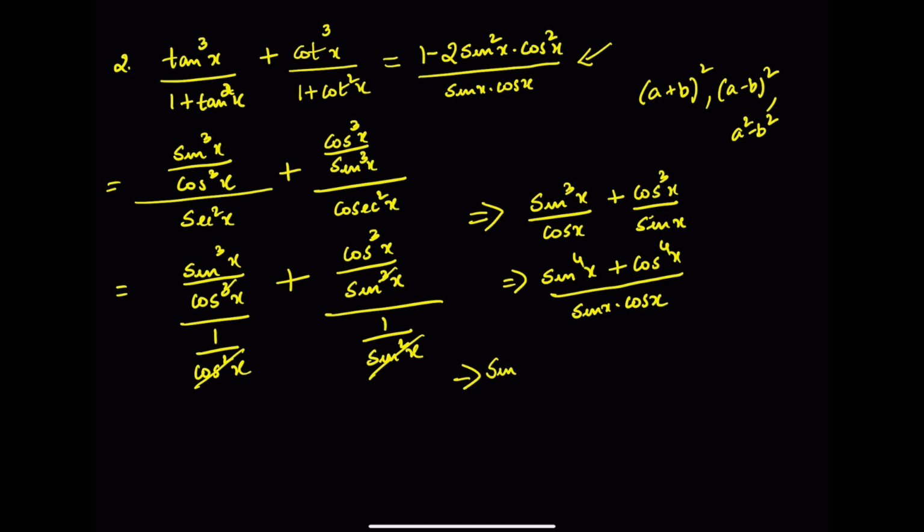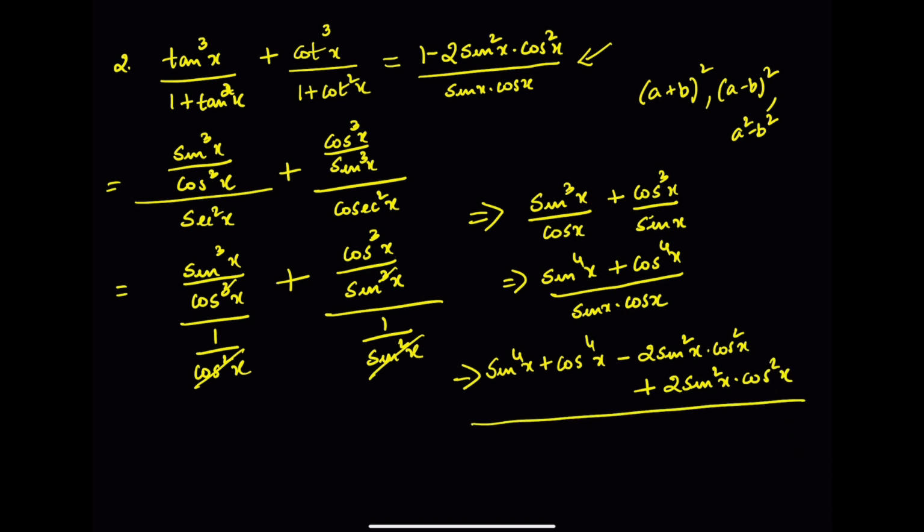So we will have (sin⁴x + cos⁴x − 2 sin²x cos²x + 2 sin²x cos²x)/(sin x cos x). Correct?